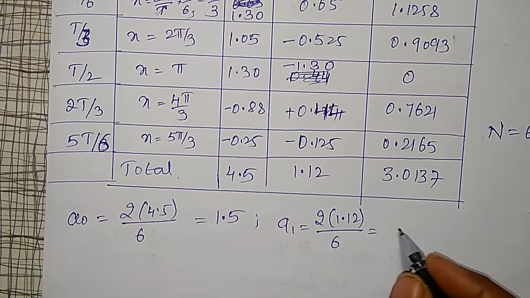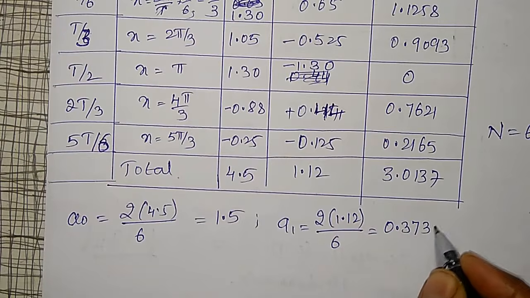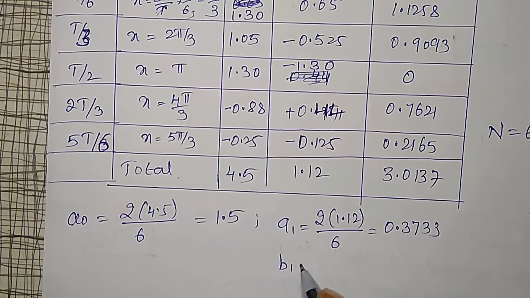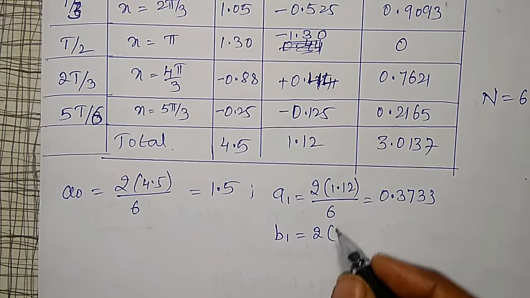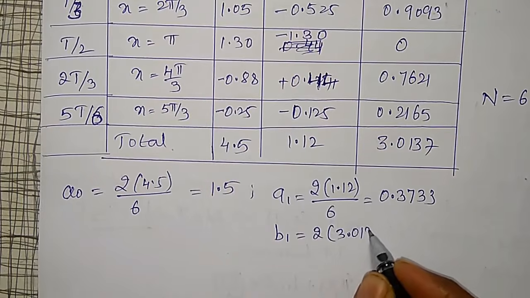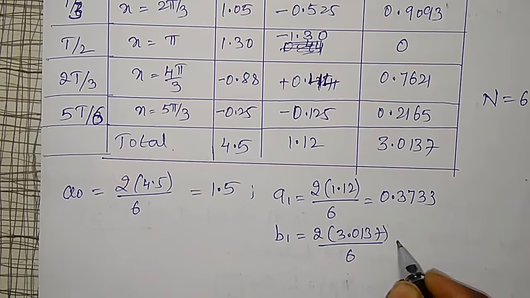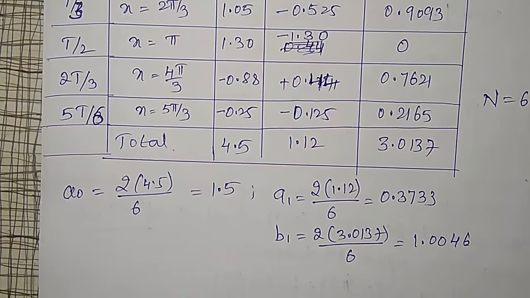Like that, a1 equal to 2 times summation A into cos x, that is 1.12, divided by 6, and its value comes out to be 0.3733. Similarly, b1, my b1 value is 2 into 3.0137 divided by 6, and it comes out to be 1.0046.